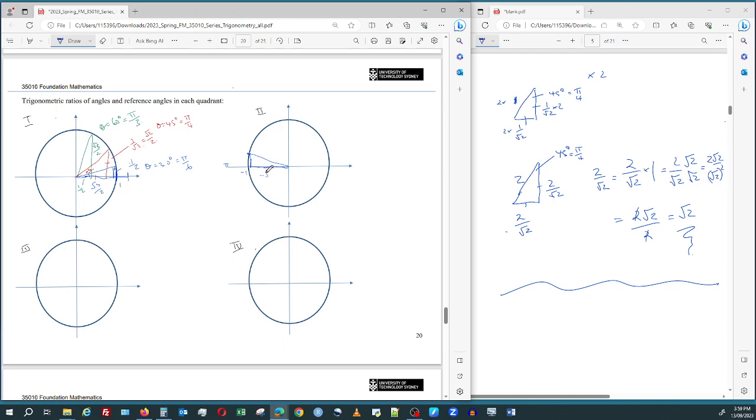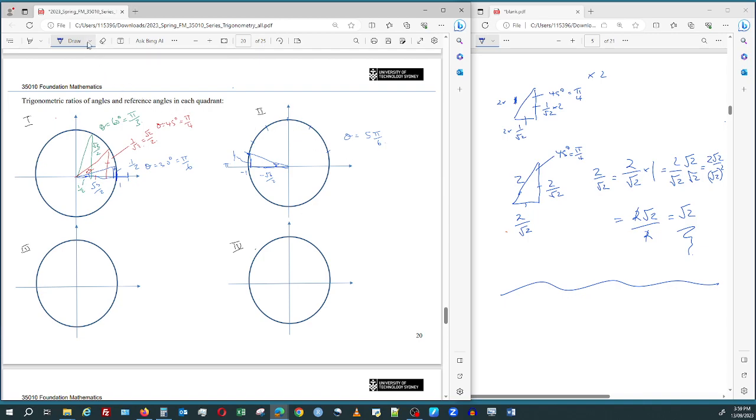Now it's minus root 3 on 2. Positive a half. Okay? That's all it is. 1, 30, 60, 90, 2, 3, 4, 5. So theta is 5 lots of pi on 6. Okay?